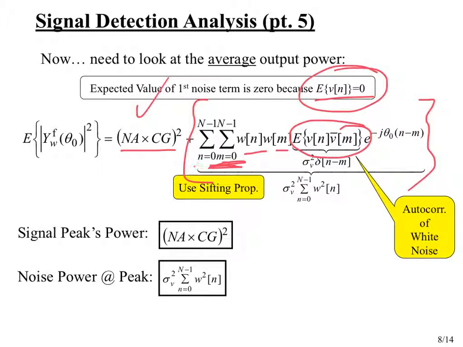Otherwise, when we start manipulating products of sums into a nested sum, we'll get the wrong answer. So just remember, whenever you're multiplying one sum times another sum, write them out with two different indices so that you won't get confused on that.